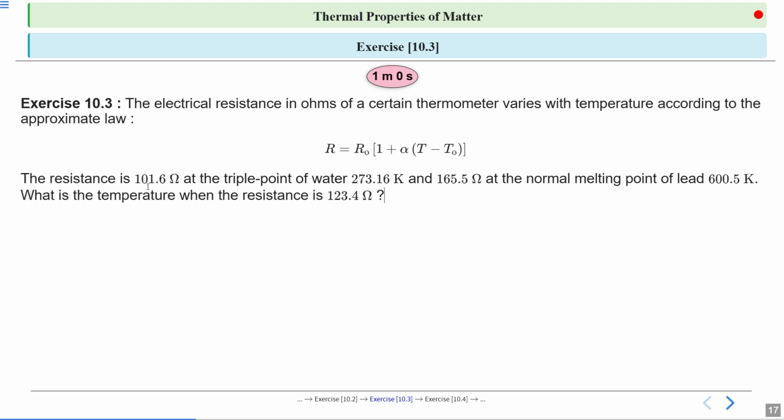The resistance is 101.6 ohm at the triple point of water, 273.16 Kelvin, and 165.5 ohm at the normal melting point of lead, that is 600.5 Kelvin. What is the temperature when the resistance is 123.4 ohm? So here you have to find the temperature. Alright, please solve this question. You have some time.